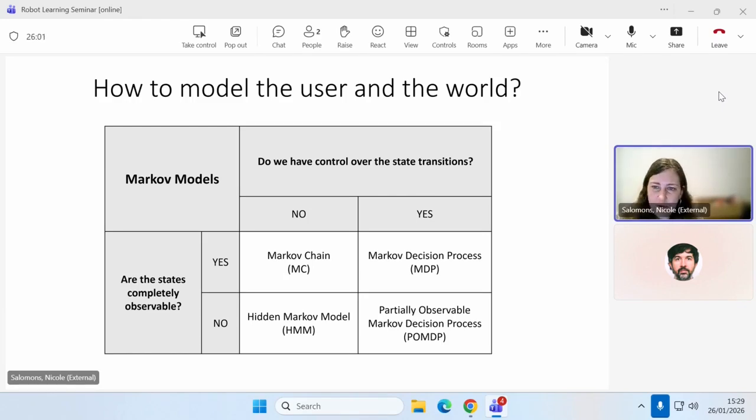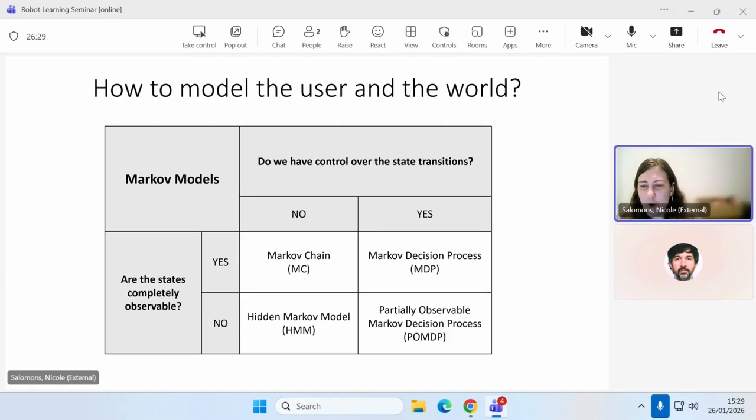And the way this is organized is that in a robotic system, if you have control of the state transitions, or the robot is acting upon the world, then it's either an MDP or a POMDP. And if the states are completely observable, then you're in those two different rows. Well, in our case, we are trying to model something about the people surrounding the robot. So we don't have full observability of the world.